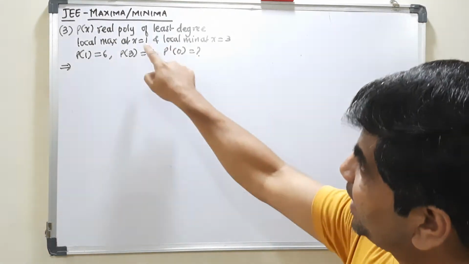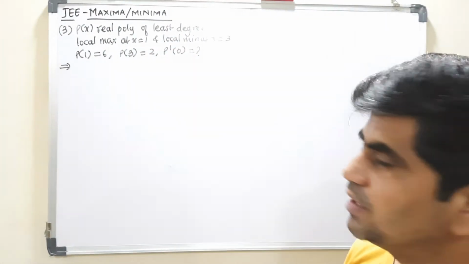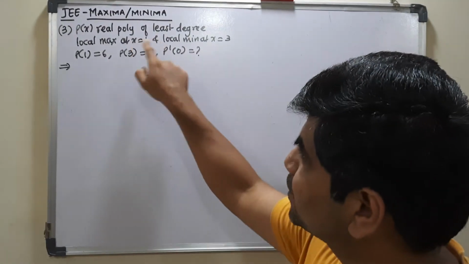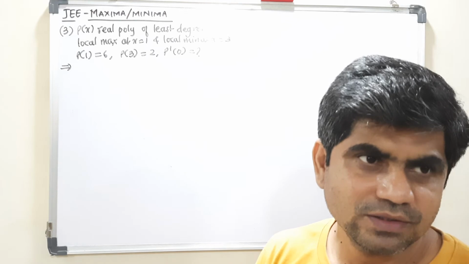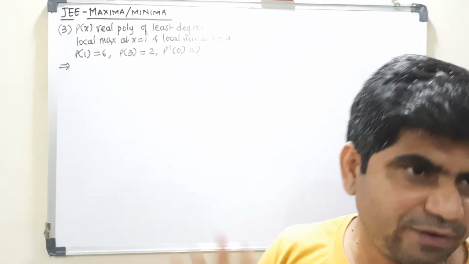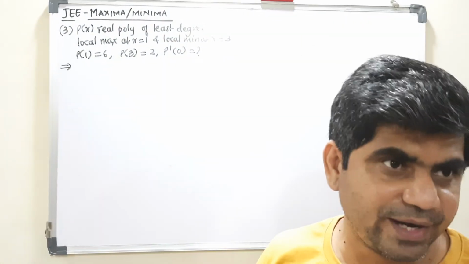That means these are the critical points. Right? So if these are the critical points, then there must be 100% x minus 1 into x minus 3 multiplied by something, which would be the derivative of the function, because critical points you get after getting the first derivative.